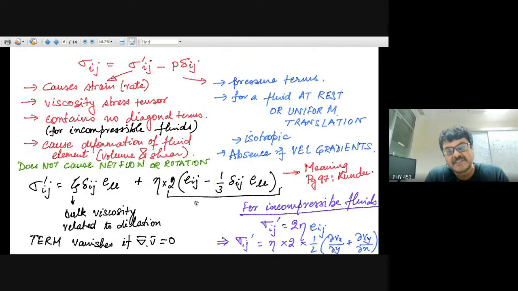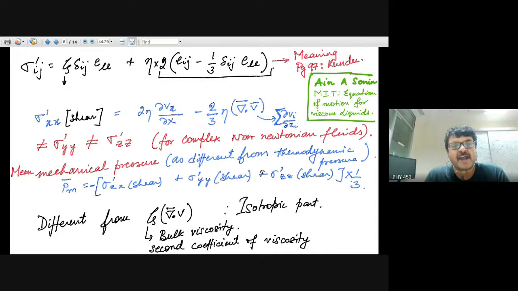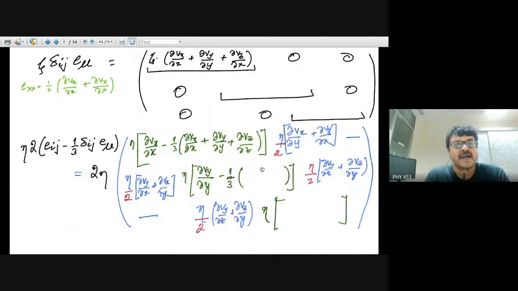So in general, this is written in such a manner so that for simple fluids, the diagonal term becomes equal to 0. But writing it like this also accounts for the fact that you could have cases where these terms have different values, which will lead to the creation of normal stresses, about which I'm not going into right now.